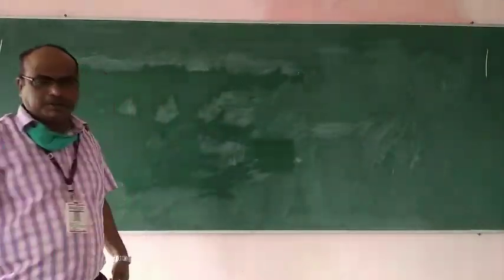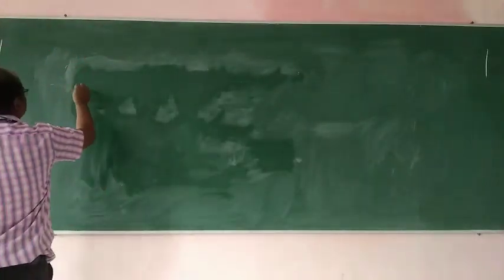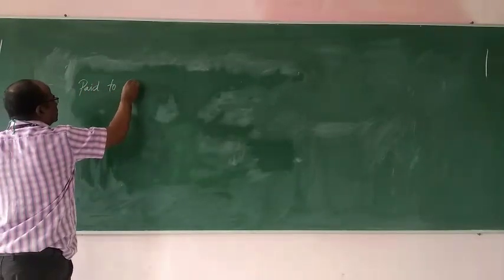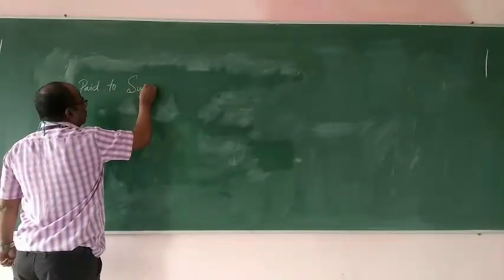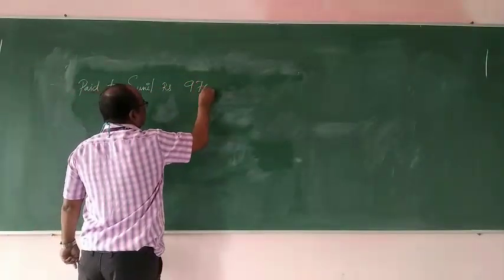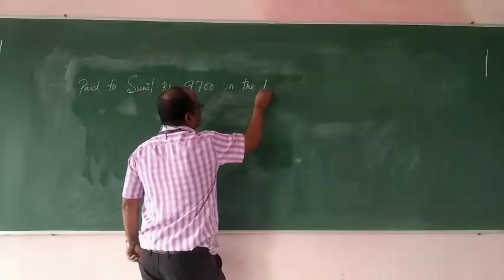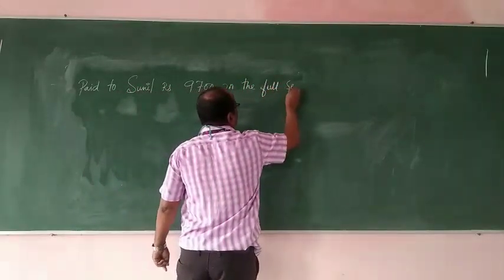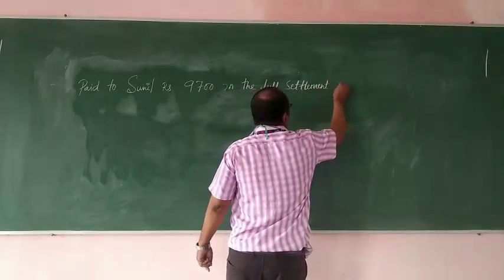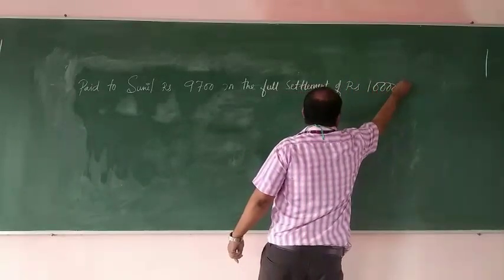This may be sometimes written as paid to Sunil rupees 9,700 in the full settlement of rupees 10,000.